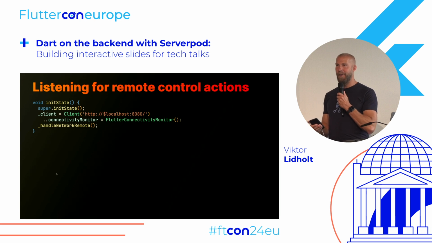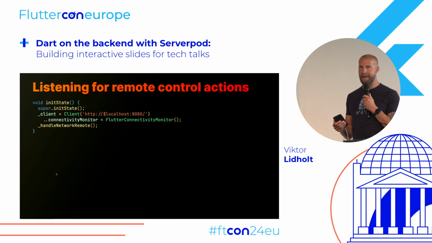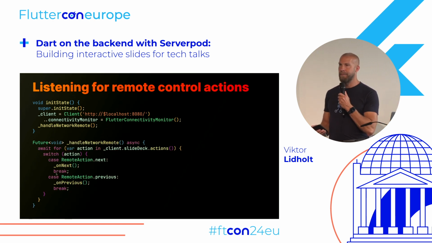So let's look at the slide deck. This is a part of the slide deck where I added into the initState method of the slide deck. I'm creating a client, so whenever you create that widget, we create the client, and that's basically the code for setting up that client. You need to have that somewhere in your app, and then we start handling network events, and this is what that method looks like.